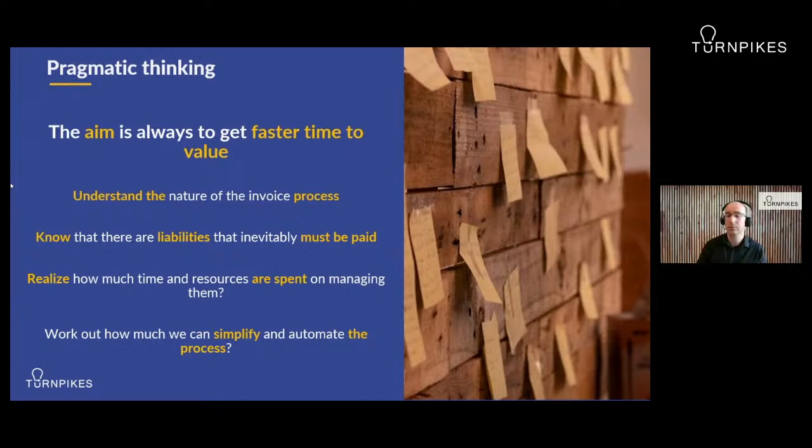And we have to work out how we can simplify and automate the process. Because frankly speaking, for anyone who has dealt with AP processes, it is a percentage game. There is no change which will go from 20% of automation to 80% of automation.